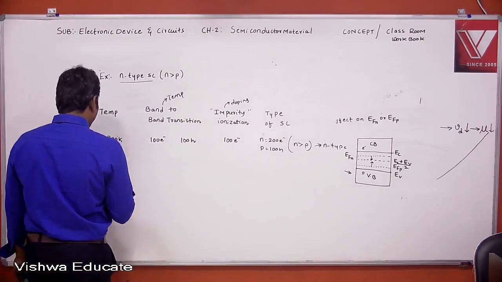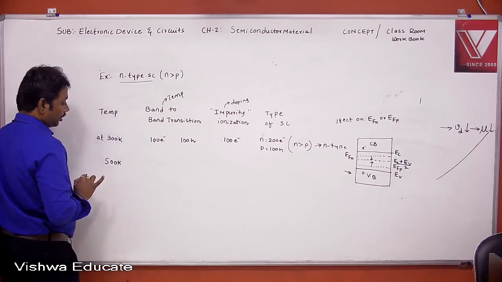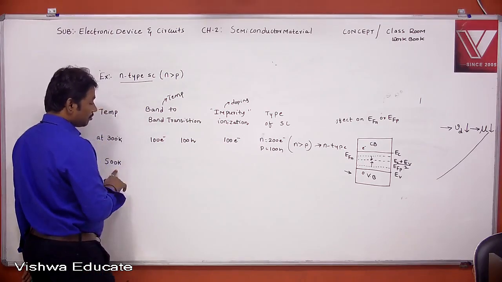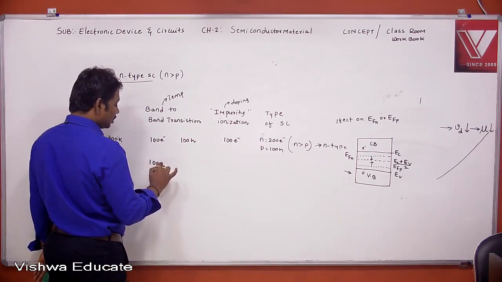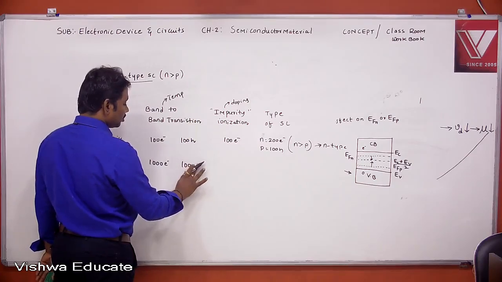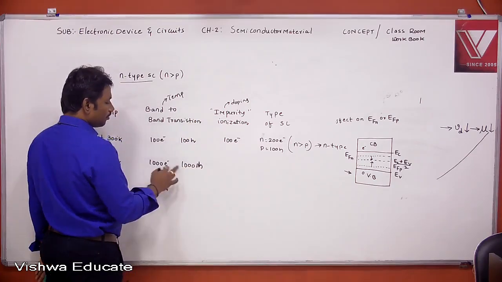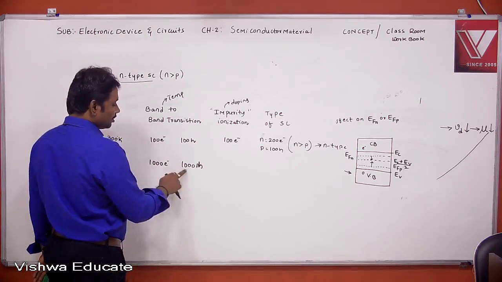Now I increase the temperature to 500 degrees Kelvin, right? Because of this increase of temperature, what happened? These 100 electrons become 1000 electrons, and this will become 1000 holes, because in band to band transition there are equal numbers of electrons and holes.